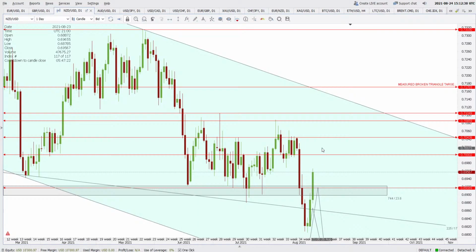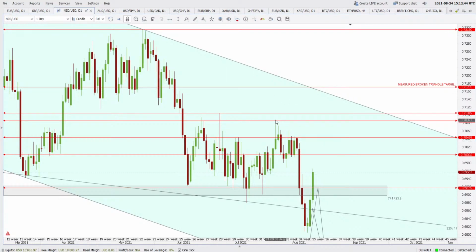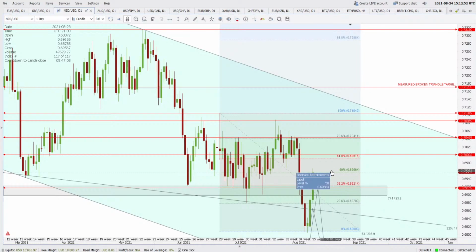and this can happen at 0.7043 also, or otherwise the best thing is that we can draw the retracements from the recent highs here to this level and then see. So I think this 50% is what the price has retraced today, so that is why it is facing some resistance here.